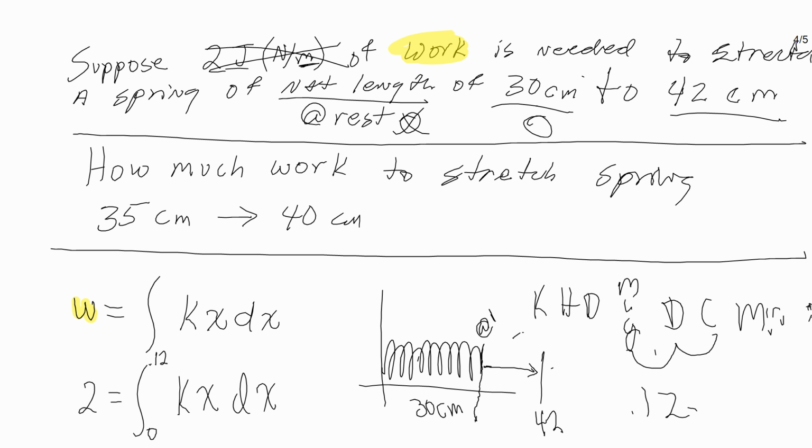Remember me showing you at rest at the beginning of class that you didn't write down? So at rest is equal to 0. You got to remember, Hooke's law is from A to B. At rest means 0. Now, when you throw this into it, you got to think a little bit differently. But we're just talking about find K.